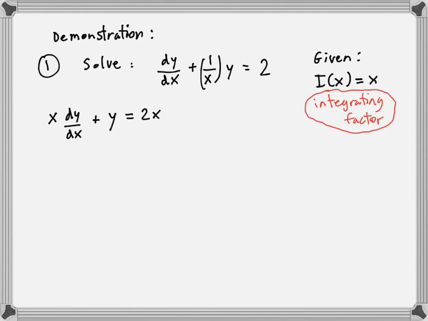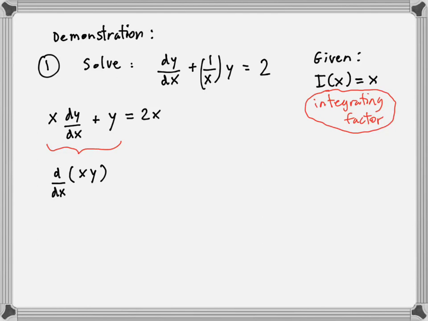Here's the idea. The idea is to notice something. We notice that the left side here is actually a particular derivative as given by the product rule. In fact, it is the derivative of xy. Let's see if that's actually true.